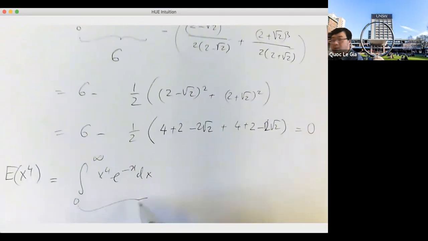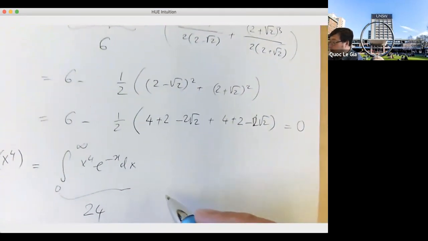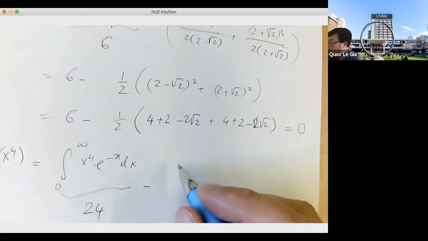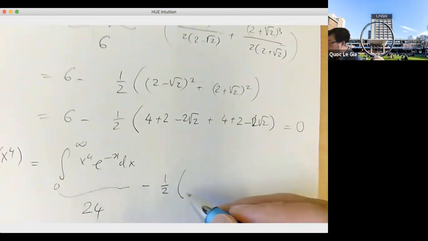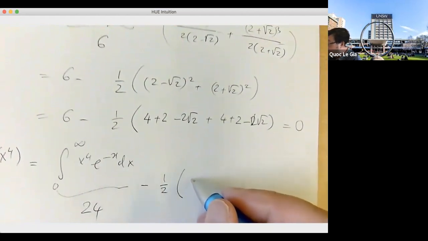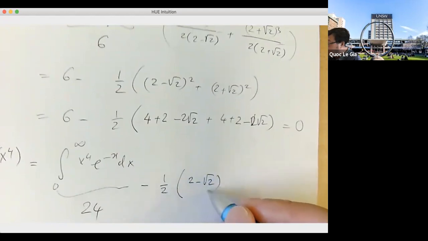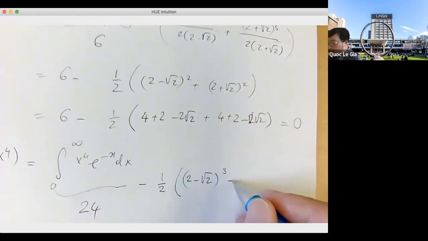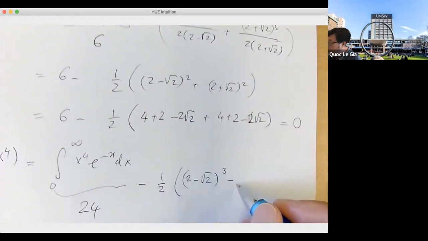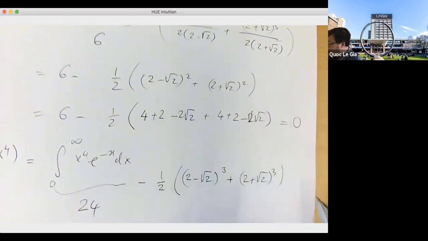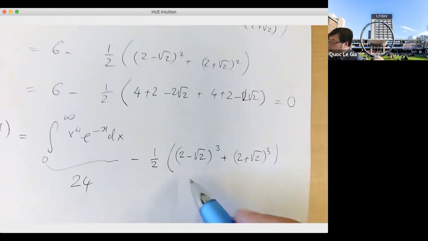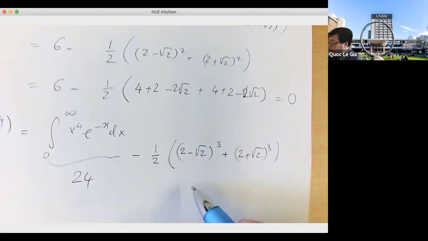So now, you know, this one is just 4 factorial, so 24, and minus, so now you got 1/2, and you got like 2 plus root 2 cubed plus 2 minus root 2 cubed, because we got cancelled like before. And now, well, you have to expand it out, but I can expand it out for you.